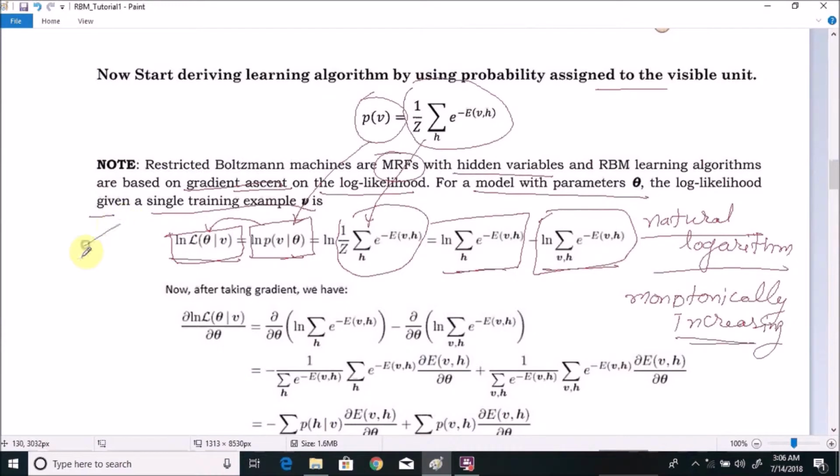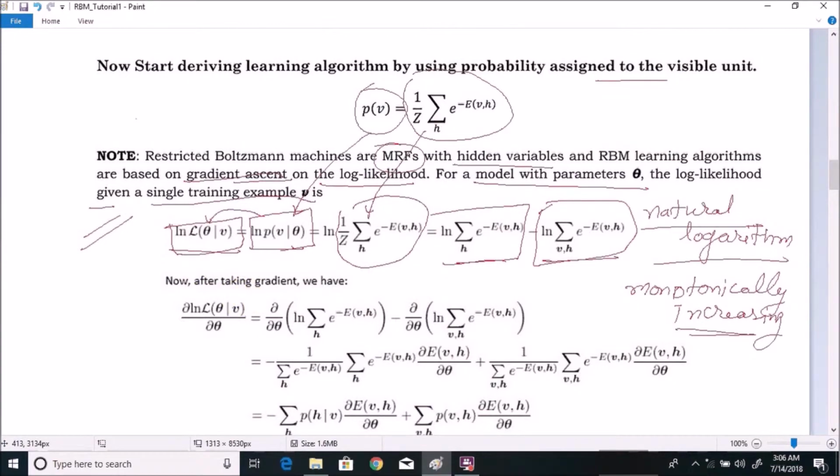Therefore, it makes the work simpler with the log likelihood instead of the original likelihood. That's why we take the log likelihood. So now let us start the derivation.